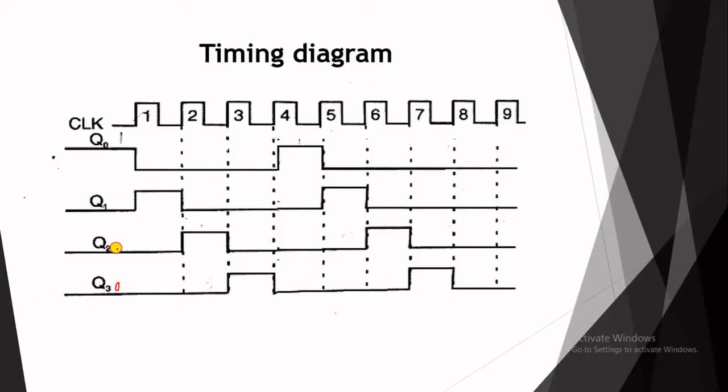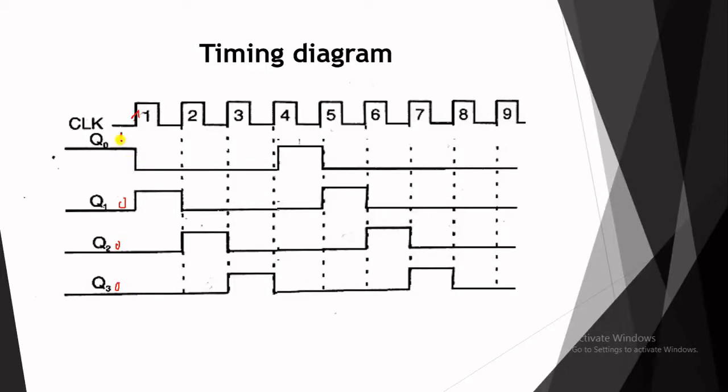Then when we apply the first clock pulse, at the positive edge transition, the Q0 will shift its state to the next flip-flop.